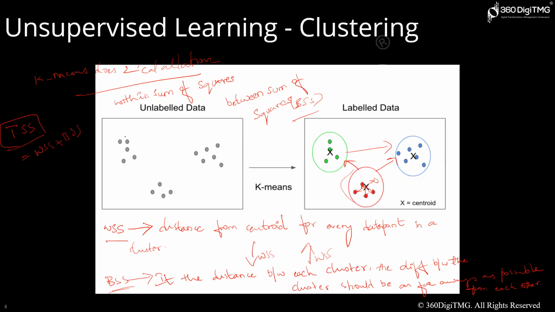It is the total distance between them. That is WSS and BSS, based on which we get some of the clusters.